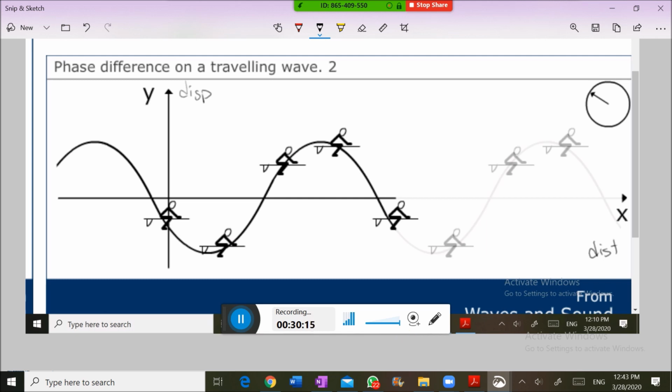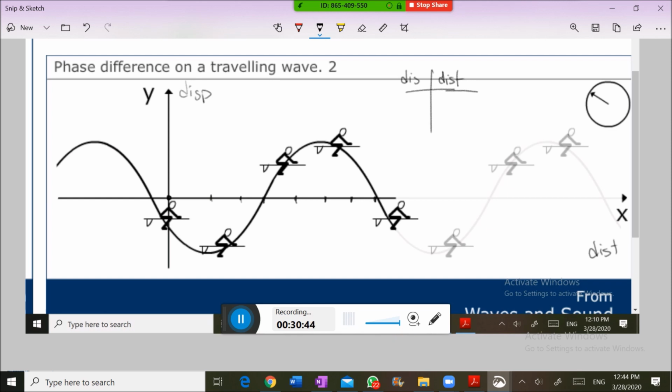Now the distance from peak to peak will give me the wavelength, right? Here for example, to draw this graph I recorded displacement with distance. Here for example, let's say 0, 1, 2, 3, 4, 5, 6, 7 and so on.